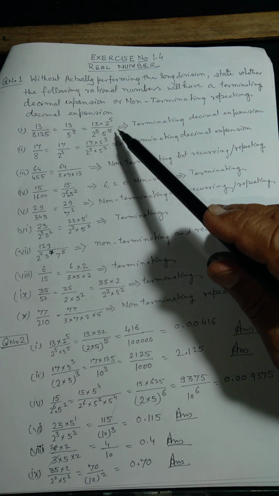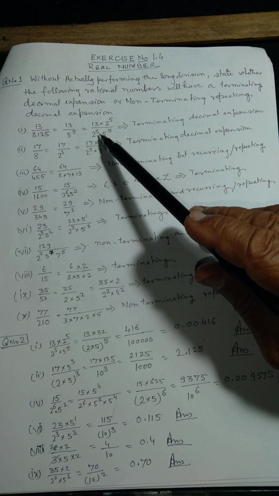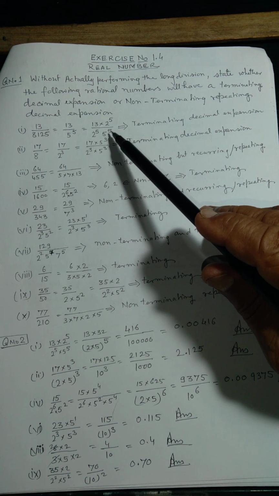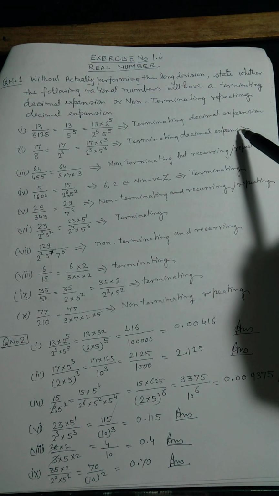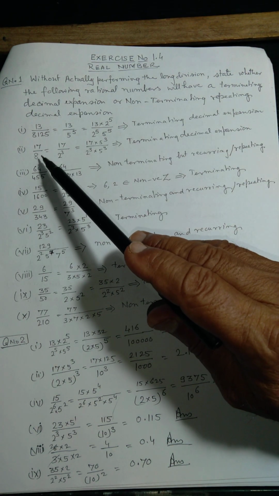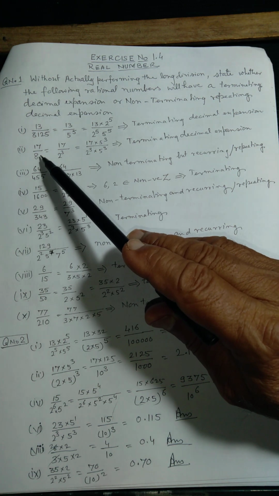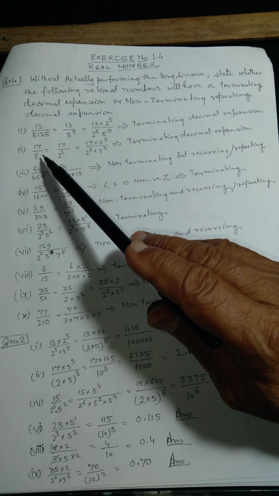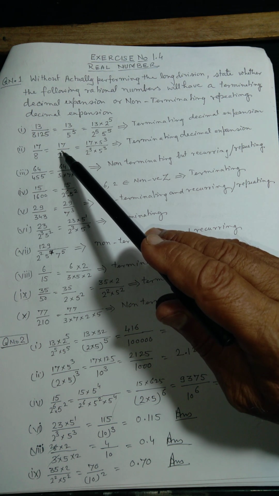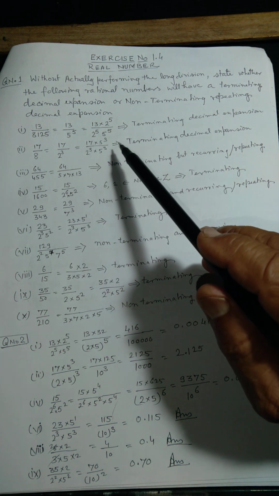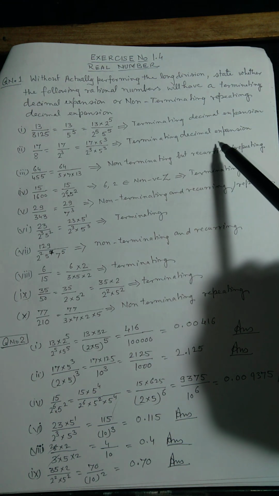So as you get 2 raised to power 5 and 5 raised to power 5, it indicates a terminating decimal expansion. Similarly, in the second part, 17 by 8, the denominator can be expressed as 2 raised to power 3. So this itself indicates that it is a terminating decimal expansion.